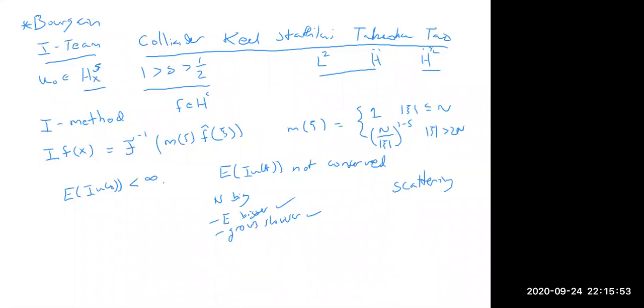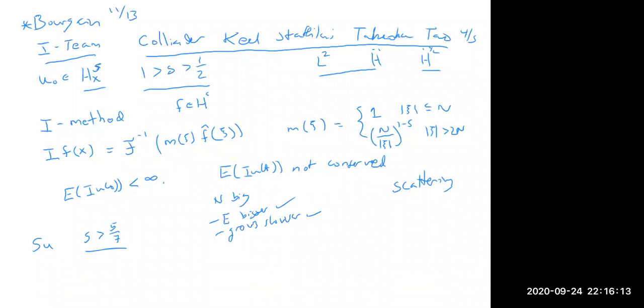So as far as I know, the best result at the moment is Qing-Tang Su, where S is bigger than 5/7. I think Bourgain was 11/13, and then this one was 4/5, and so on.